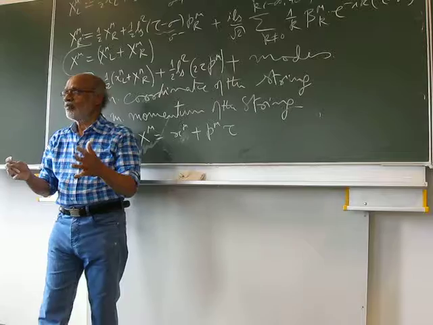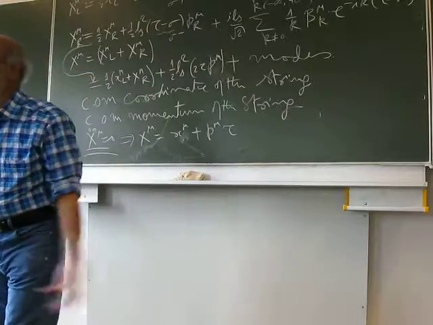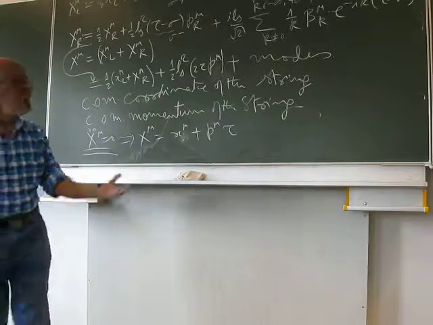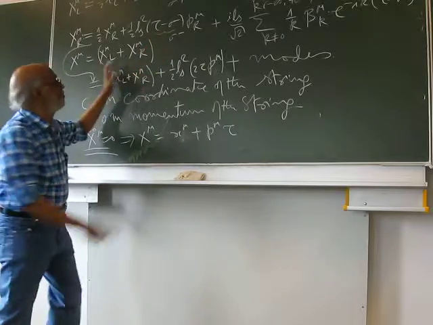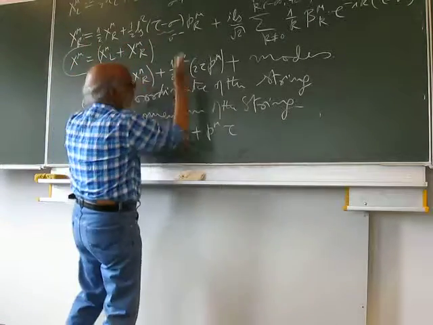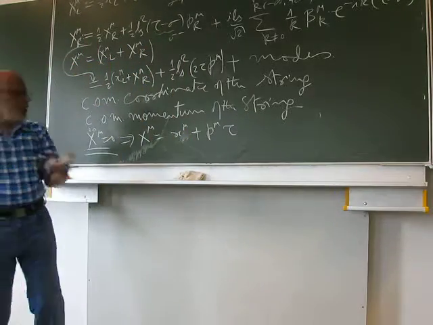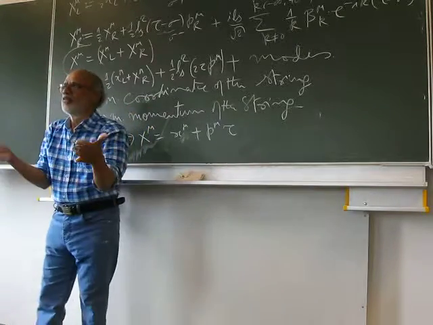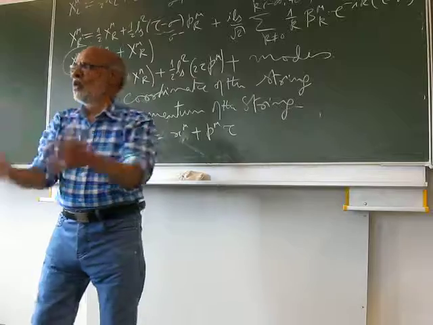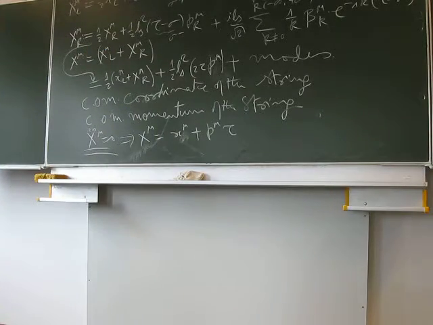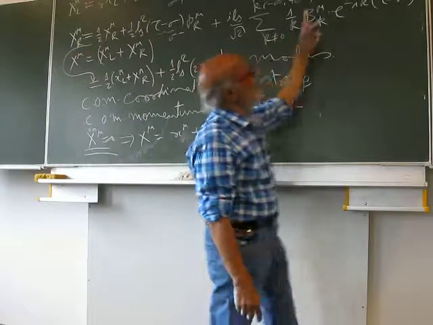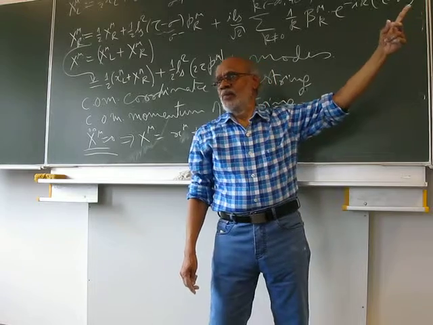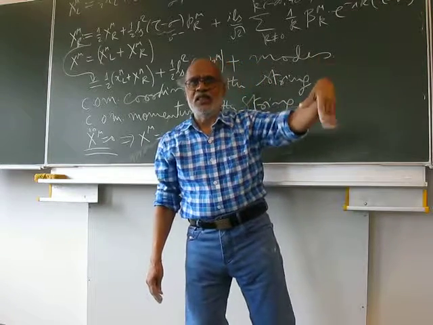So within the space time, the string moves around with this sum of these two terms, this plus this and this plus this. So this part is the center of mass coordinate and center of mass momentum. The string moves around in the space time with this, and it fluctuates with the second part, which represents the oscillation.